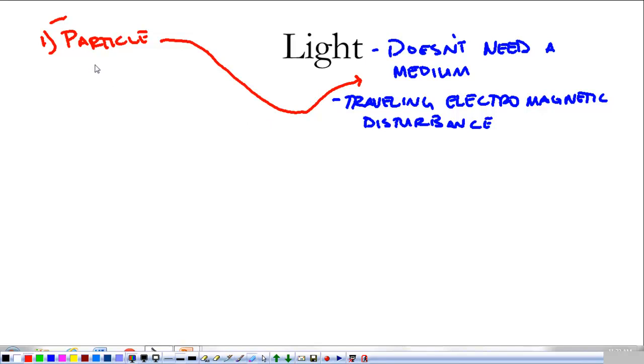And we see light as a particle in things like its interaction with electrons. That's absorption and emission spectrum stuff that you all talked about last year in chemistry, where a light wave comes in, hits an electron, and moves it up to a different energy level. It's easier for us to think of light as a particle that way.